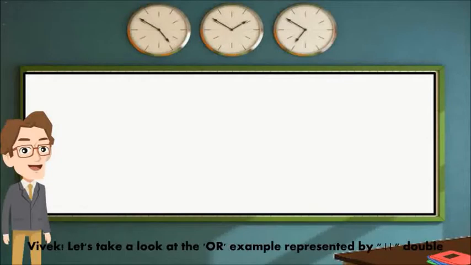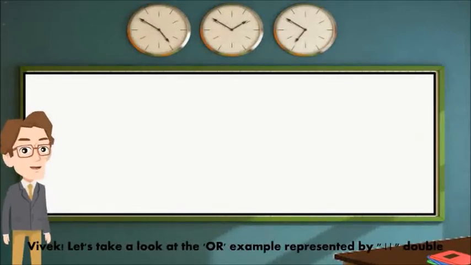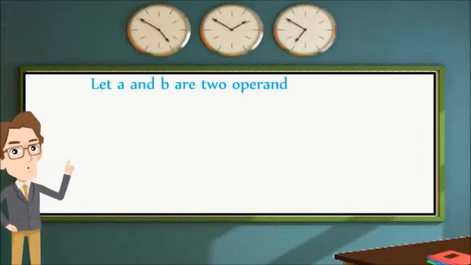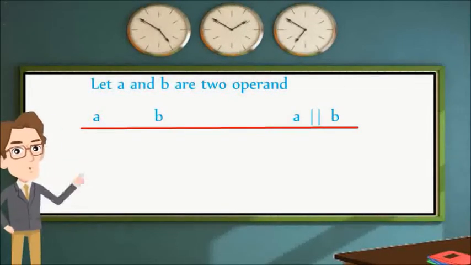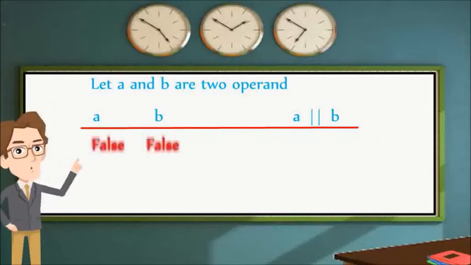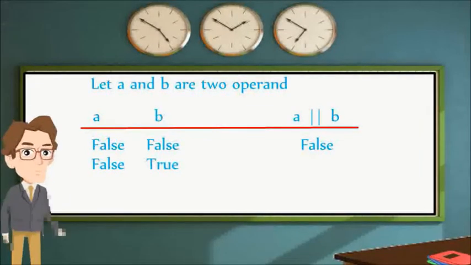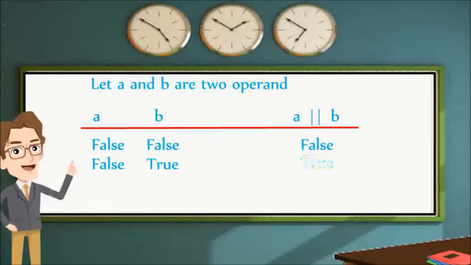So Vivek, let's take a look at the OR operator, represented by double pipe. Let a and b be two operands. According to the truth table, if both a and b are false, then a OR b returns false. If a is false and b is true, then a OR b returns true.